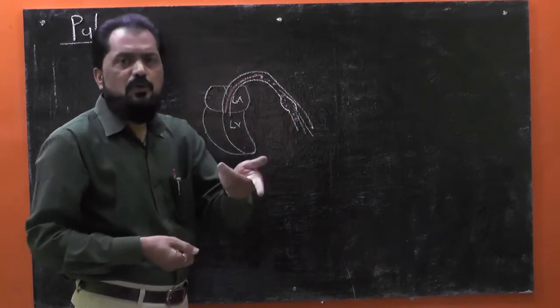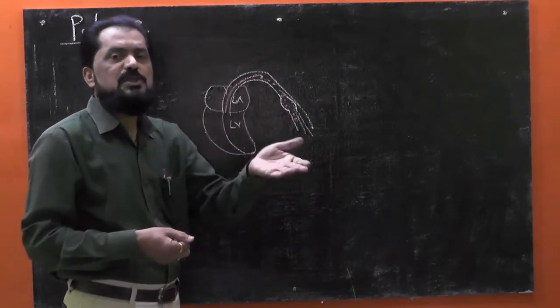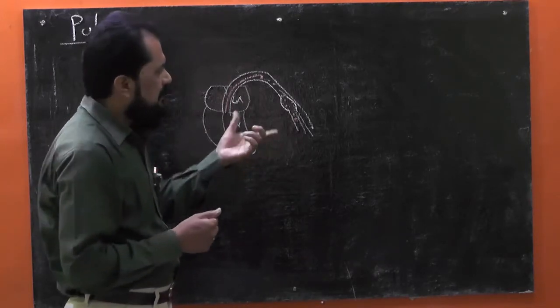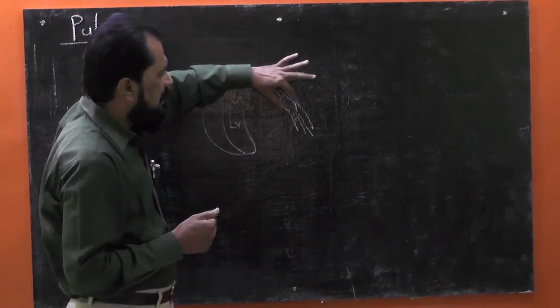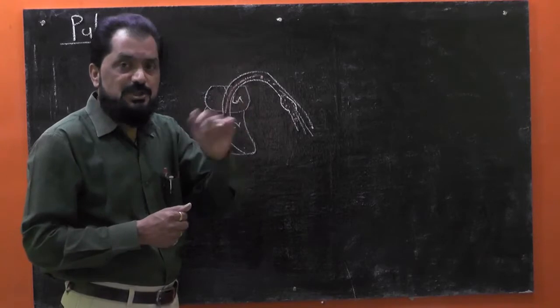And it is followed by the ventricular diastole. We know that the systole is followed by diastole. So during ventricular diastole, immediately the arteries undergo recoiling, means again attain their original shape.